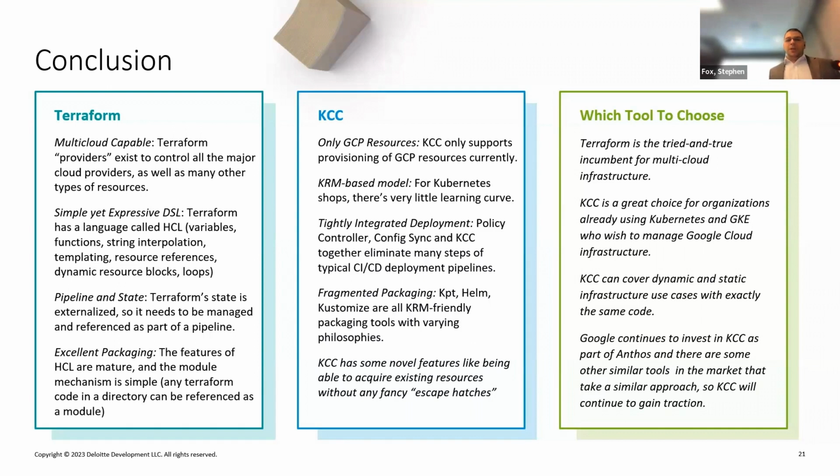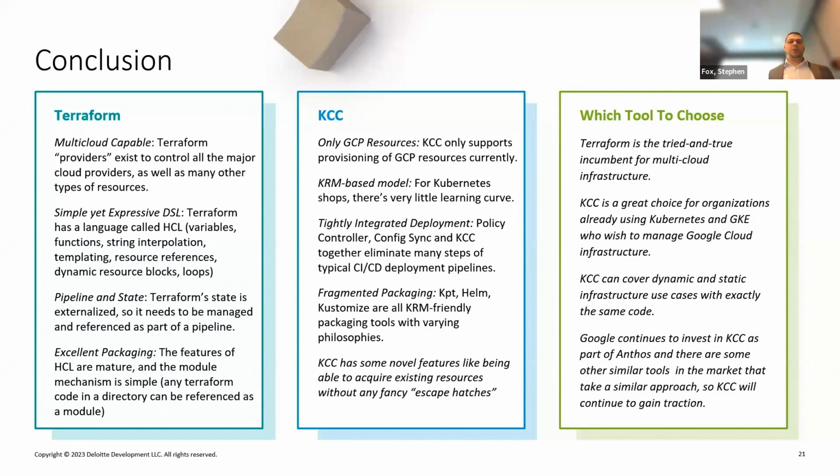Terraform does have a pipeline and state that need to be managed, whereas KCC has a tightly integrated deployment model that pairs nicely with other tools that run on a Kubernetes cluster. And then finally, Terraform has really excellent packaging. I've mentioned this earlier, but KCC depends on the packaging ecosystem for Kubernetes.